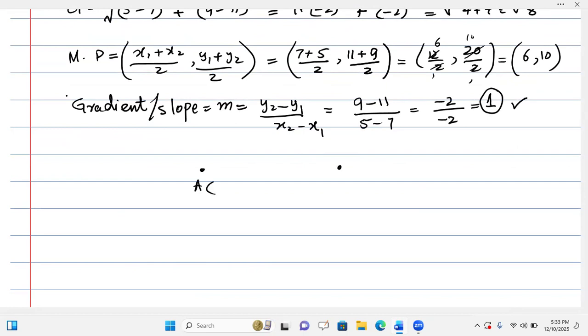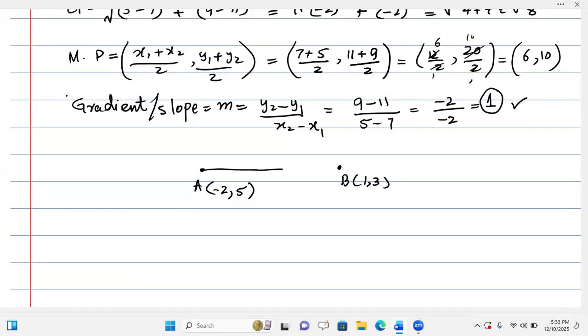A has the coordinates minus 2, 5, and B has the coordinates 1 comma 3... 6, 10.